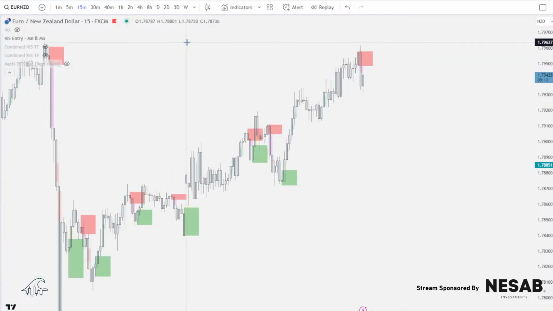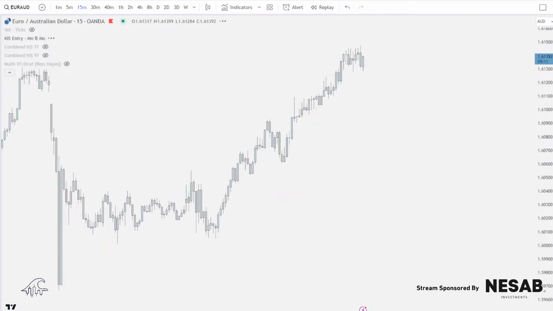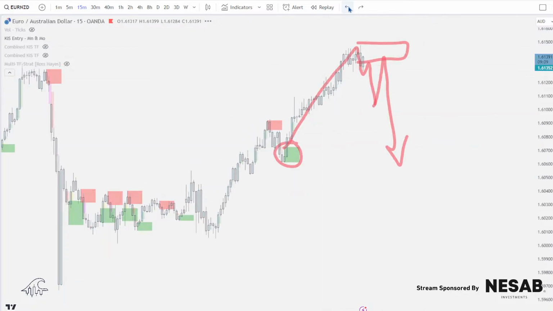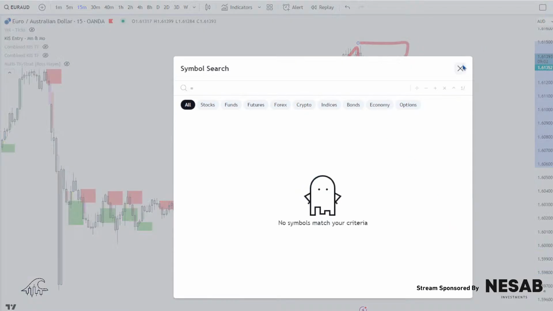Again, Euro N, we didn't run that high yet. Euro A, still looking for that space. Remember, we're not actually going to take a move on that unless it gives us what we want to see.